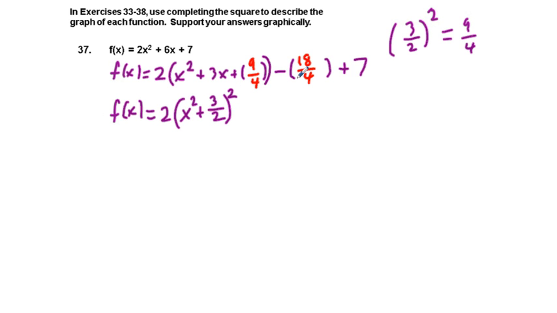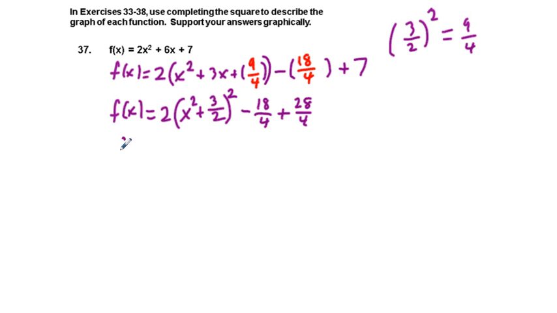And then we're going to have minus 18/4 plus 7. Well, 7, it's going to be how many fourths? I think that's 28/4. So we have minus 18/4 plus 28/4.